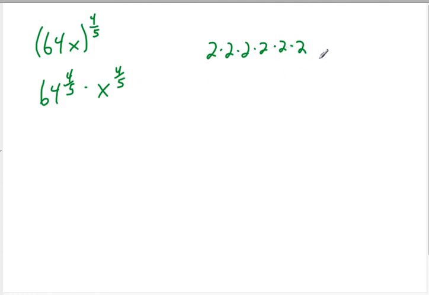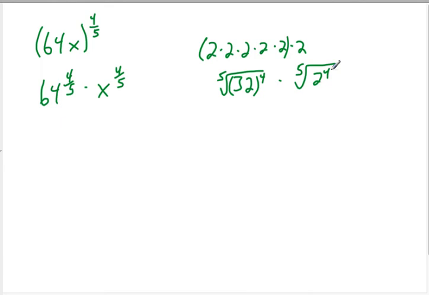Okay, so the fifth root, if we wanted to do simplified radical form, we could have 32, right? 2 times 2 times 2 times 2 times 2. So we can find the fifth root of that, right? But there's going to be that 2 left over.